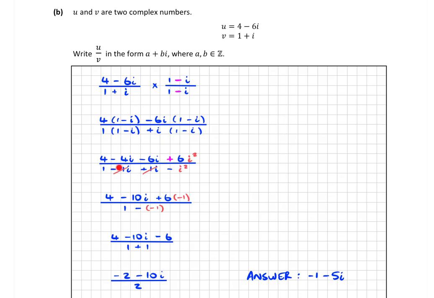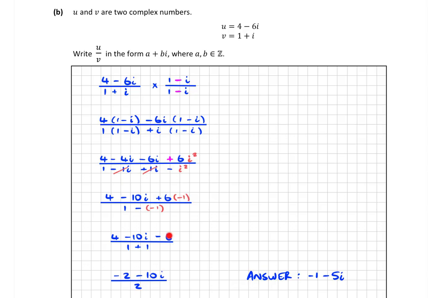We then look at our denominator. We've got 1, our minus 1i and our plus 1i will cancel. And we'll be left with 1 minus, and instead of the i squared, we're putting in a minus 1. We just simplify this again. Our numerator here is going to turn into 4 minus 10i minus 6.